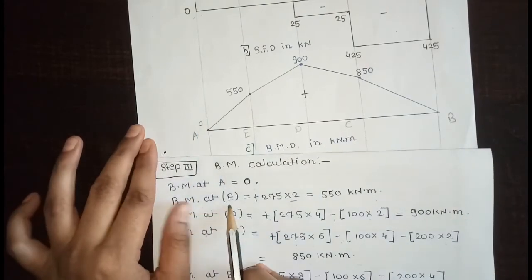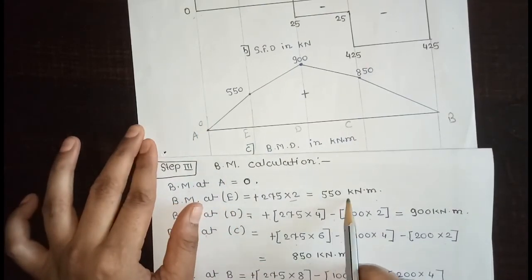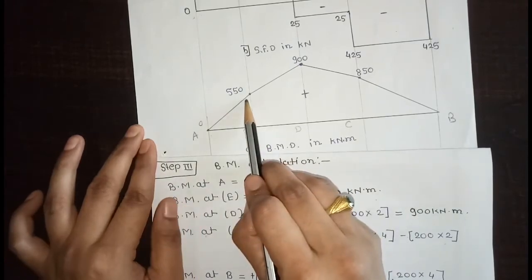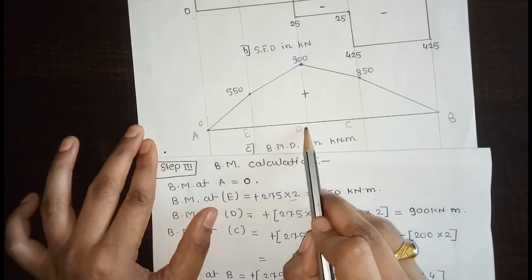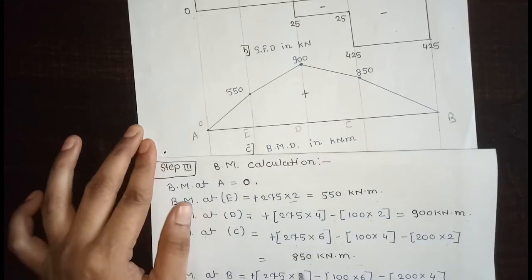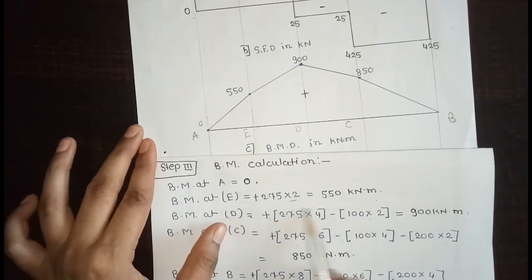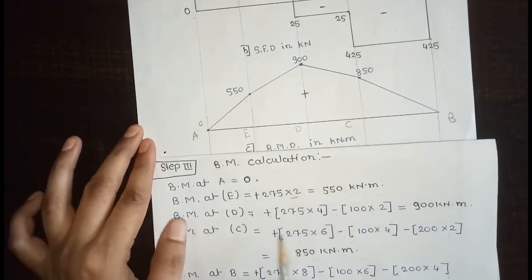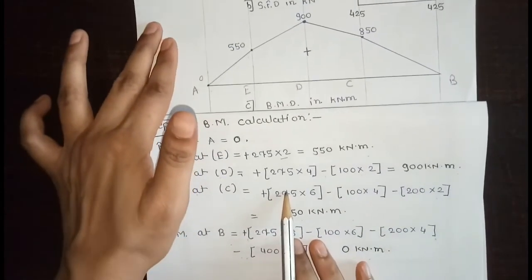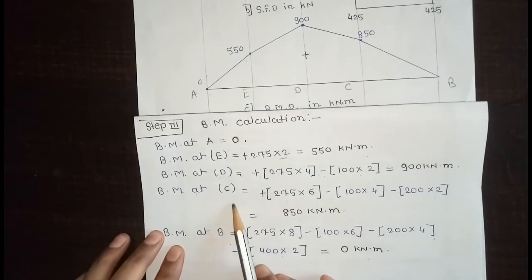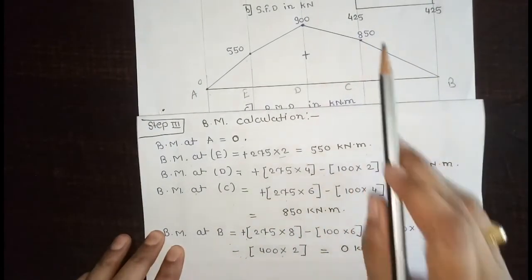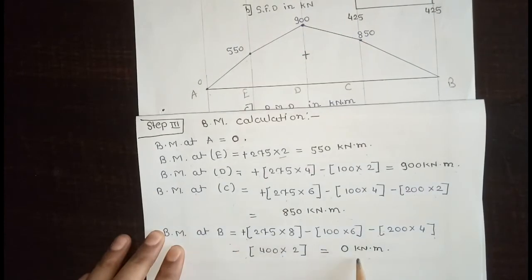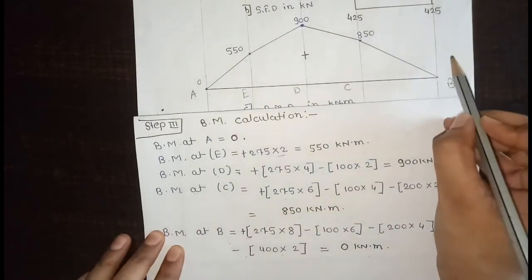Bending moment at point E is equal to 550 kilonewton meter. Bending moment at point D is 900. Then bending moment at point C is equal to 850. Bending moment at point B is equal to 0.